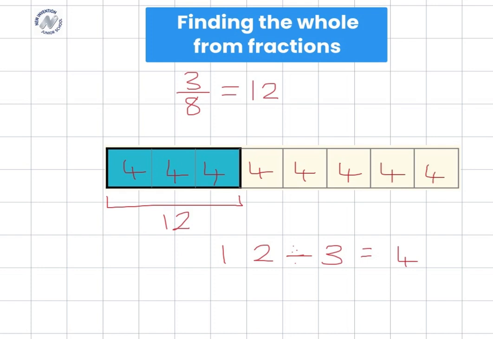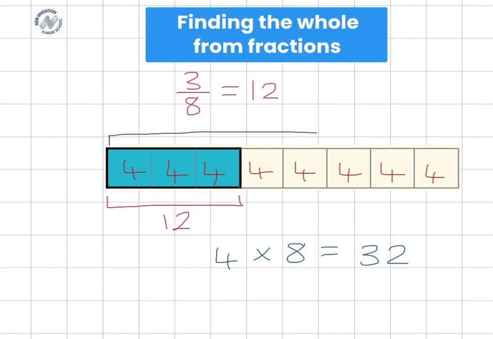Once I've labelled it, it becomes more obvious. So then let's put them all back together. So I've got 4, 8 times in a row. So my original amount must have been 32. That whole piece is worth 32.